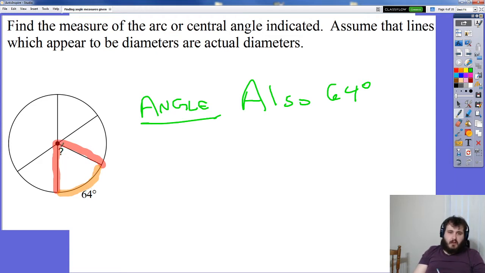When we're talking about an angle, we're talking about how open is that angle, kind of almost like a distance from one arm of the angle to the other. How far open is it? What is the openness of the angle? And we call that 64 degrees.